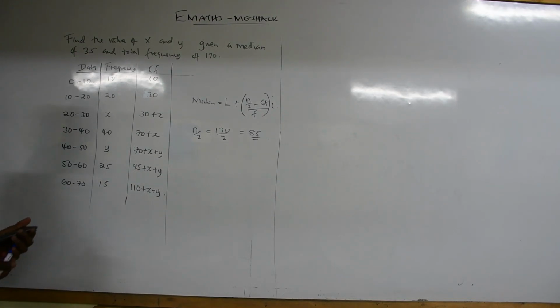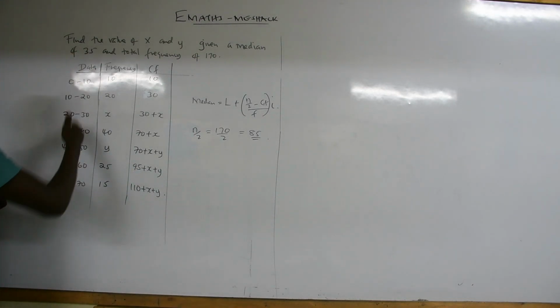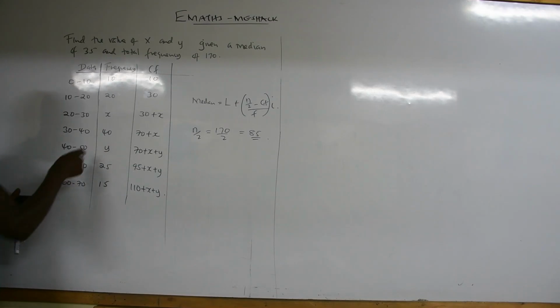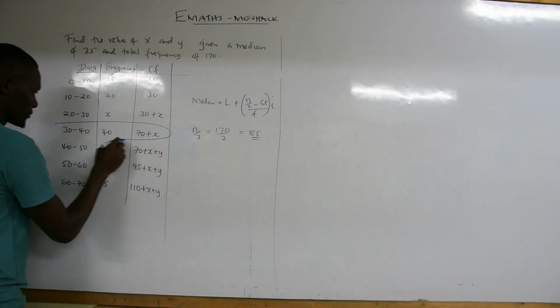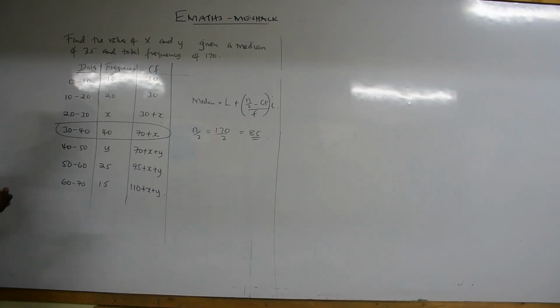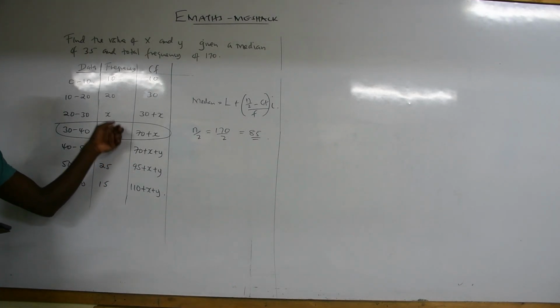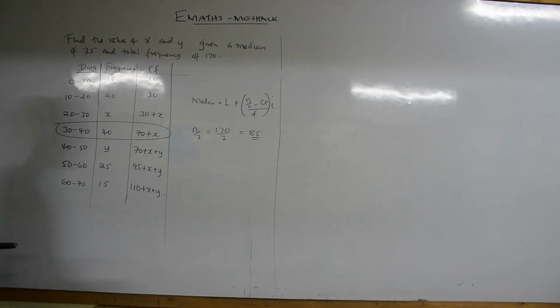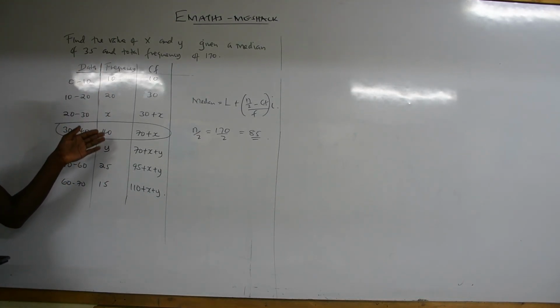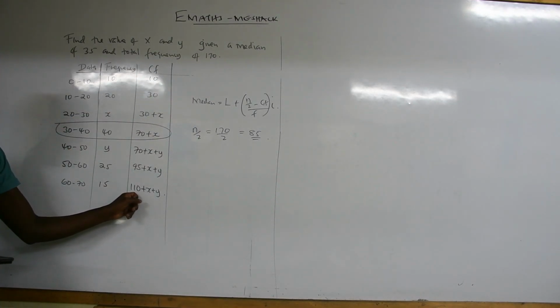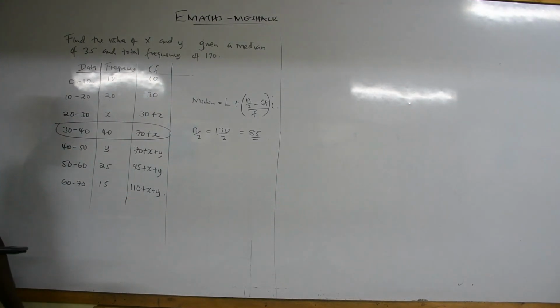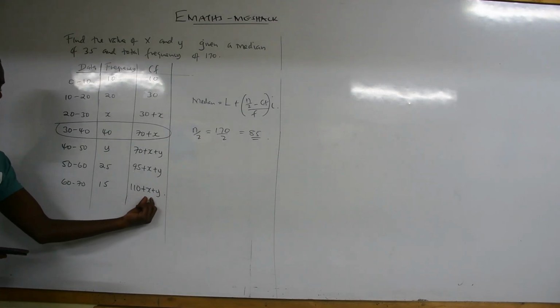But now since we have the central value that has a frequency, we can take it at this point. We can take it at 70 plus x because we have a frequency which has already been given here. And if we check our distribution of data, we're supposed to get 170 in total, and we have 110 as of now without the x and the y.